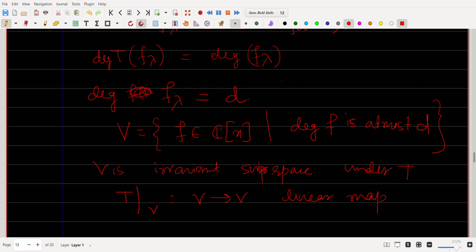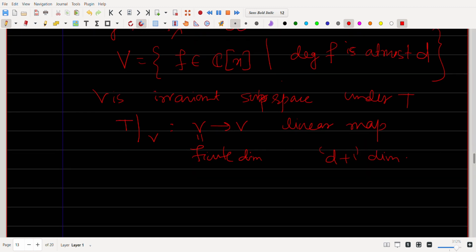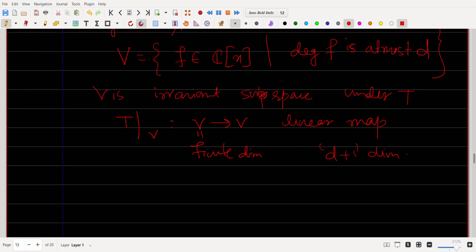And since f lambda is an eigenvector, it is also an eigenvector of T restricted to V. Now this is finite dimensional, and it is d plus 1 dimensional, so you can write its matrix representation.